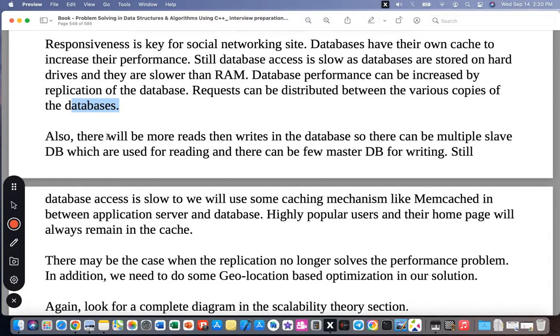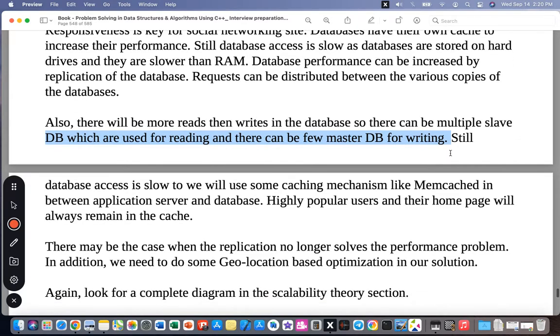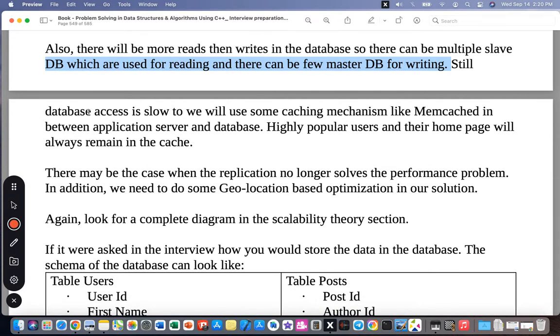Also, there will be more reads than writes in the database, so there can be multiple slave databases which are used for reading, and there can be a few master databases for writing. Since reading is more than writing, the reading slaves are more than the writing ones, right? Still, database access is slow. We will use some caching mechanism like memcached.